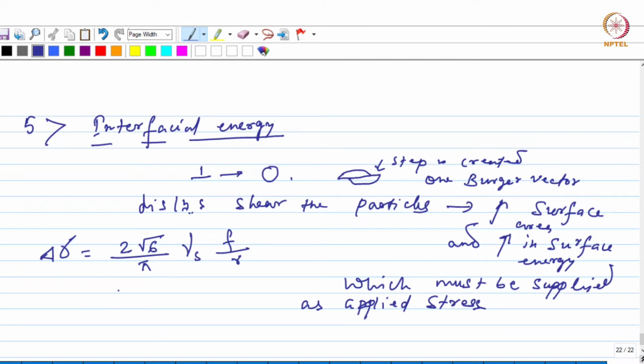Where gamma S is the surface energy, or to be more specific, you can write particle-matrix surface energy.